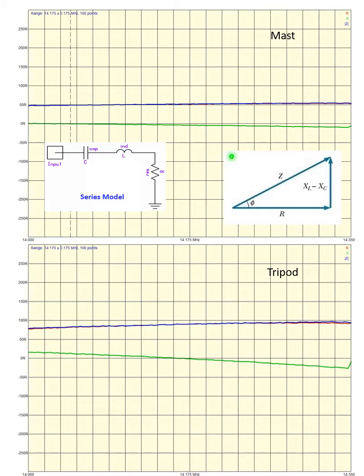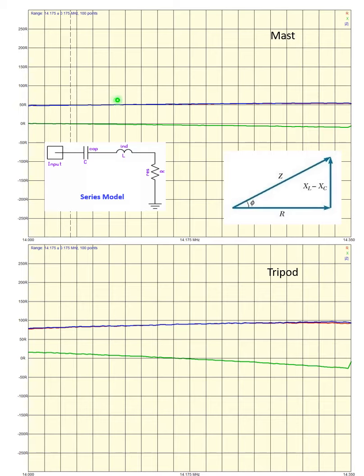When we have the antenna up high, because the phase angle is 0 at the resonant frequency here, the reactance is 0. It's all pure resistance, and you can see how incredibly close this resistance is to 250 ohms, which is the characteristic impedance for the coax, and I believe pretty close to the characteristic impedance of free space.